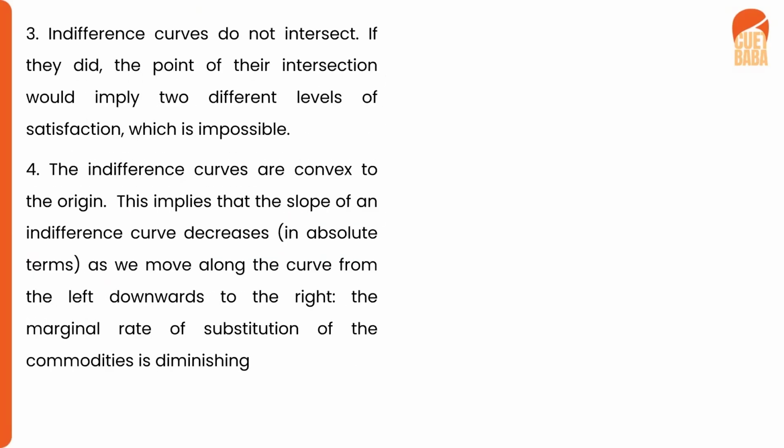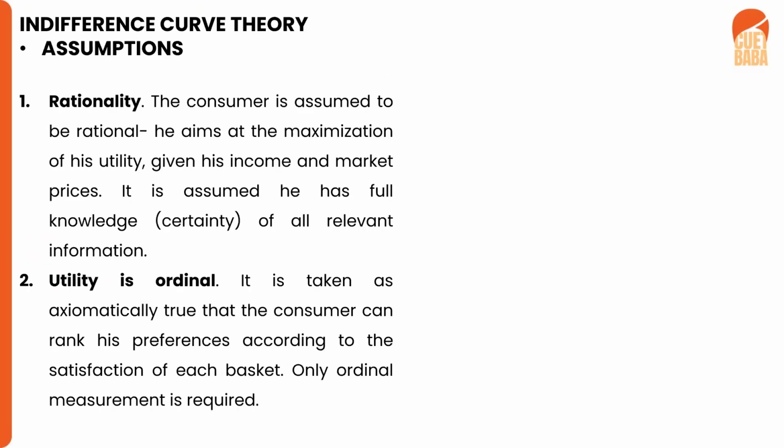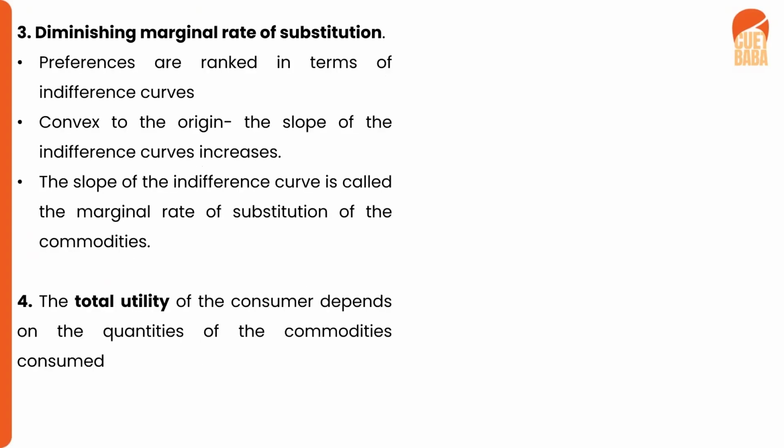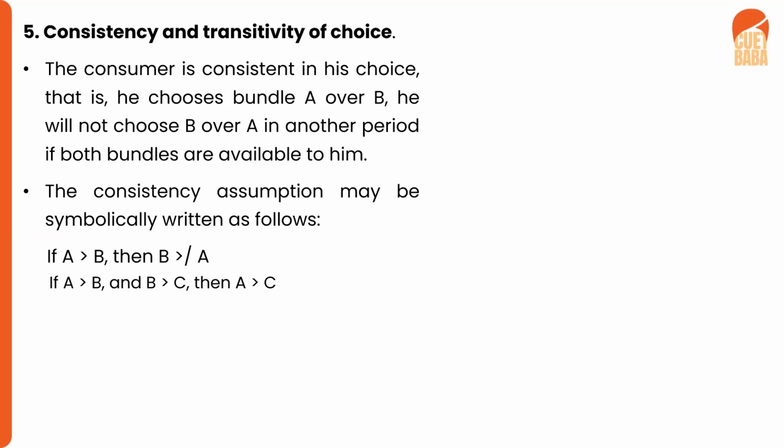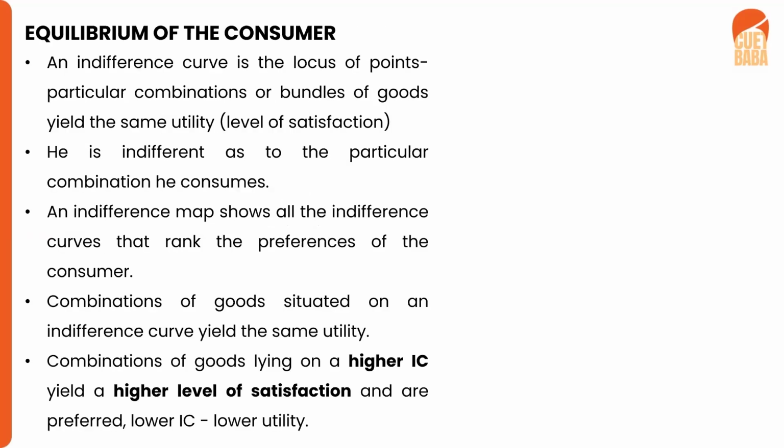So the explanation of each property is given, and then we move on to the assumptions of the indifference curve. That is, first one being rationality, second ordinal utility, third diminishing marginal rate of substitution, fourth total utility depends on the quantities that the consumer has consumed, and fifth one is the consistency and transitivity of choice.